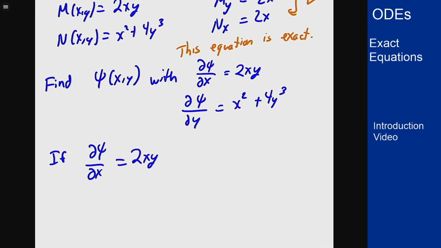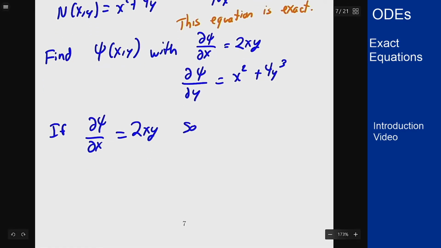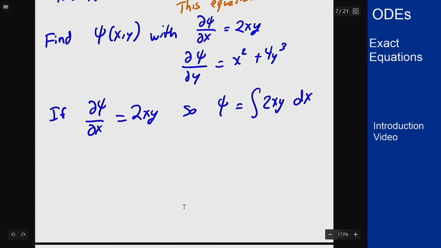Since I'm now assuming that I just have x and y as two variables, I'm not really worried about the dependence of y on x anymore. I just have a function of two variables here that I want to use to solve this equation. So I integrate 2xy dx, which is going to be x squared y, and then plus a constant.